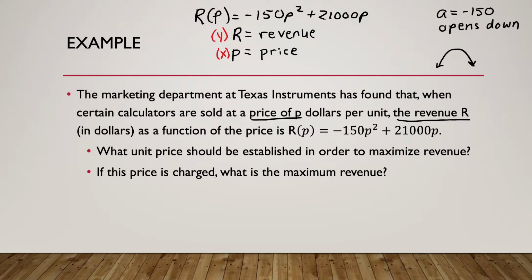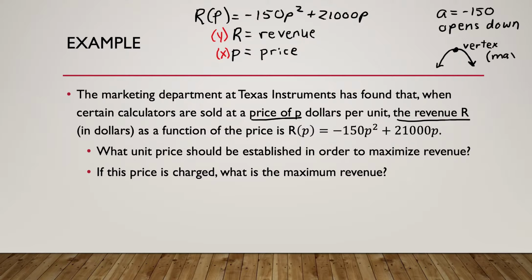All right, and then the question is talking about a maximum revenue. So we have talked about this top point in the last section as being the vertex of the parabola. But you could also look at that vertex point and say that it is a maximum point.